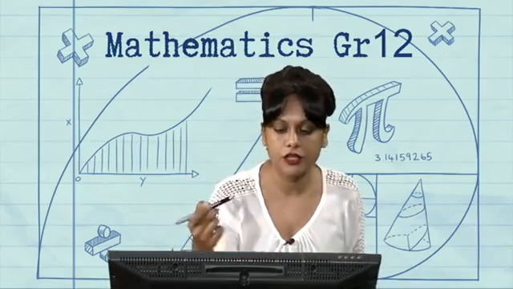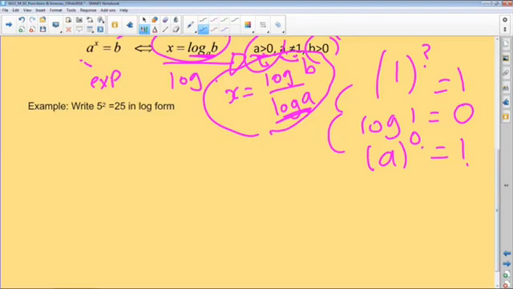Okay, remember I said to you at the top of this that the log is a different way to write an exponent. So if I have 5 squared is equal to 25, I know that 5 to the power of 2 is equal to 25, but the power, which is 2, or the exponent, which is 2, we know the exponent with a base 5, and we know that 5 squared is equal to 25.